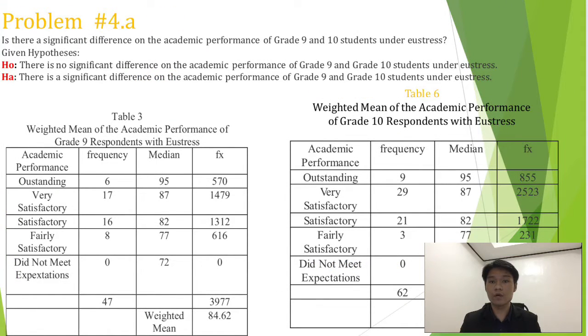For problem number 4, is there a significant difference in the academic performance of grade 9 and 10 students under eustress? Given the hypotheses, the null is there is no difference in the academic performance of grade 9 and 10 students under eustress. For the alternative, there is a significant difference in the academic performance of grade 9 and 10 students under eustress. To find the findings and conclusion, we use tables 3 and 6.